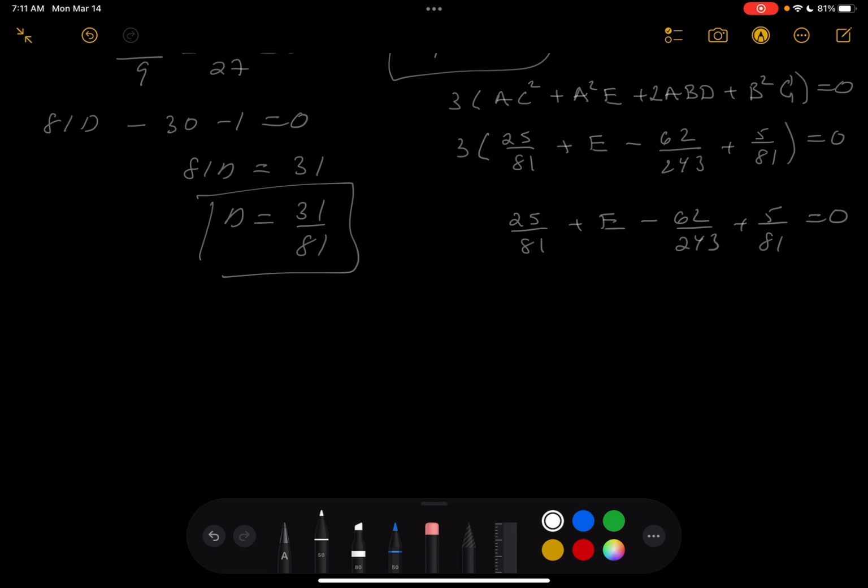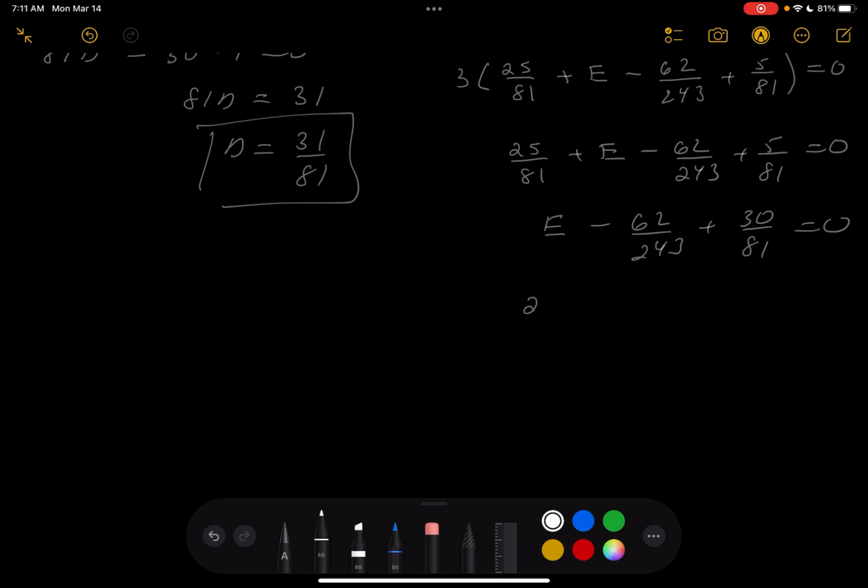All right. And you're going to get e minus 62 over 243, plus 30 over 81 equals 0. I can multiply both sides by 243. 243e minus 62. 81 goes into 243 3 times.